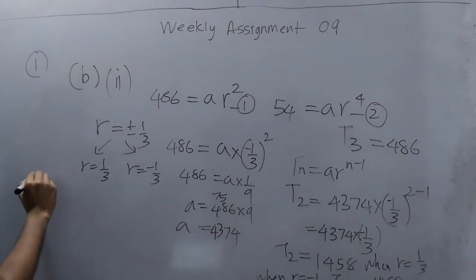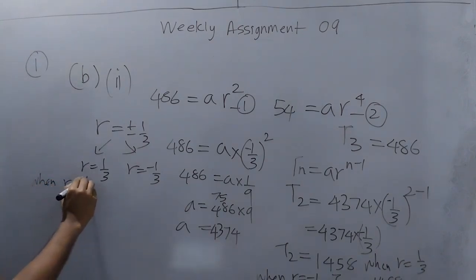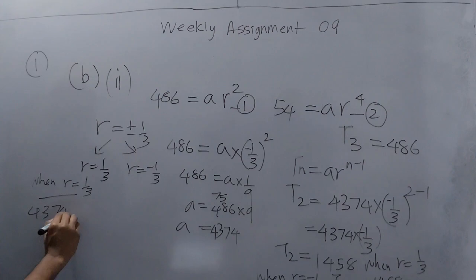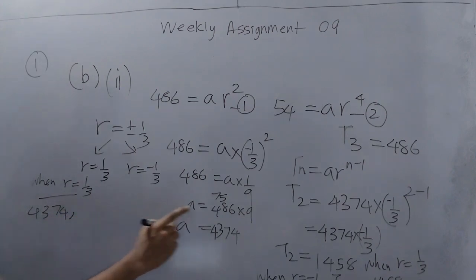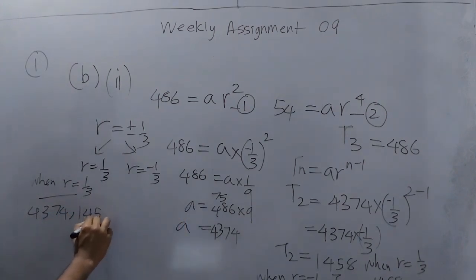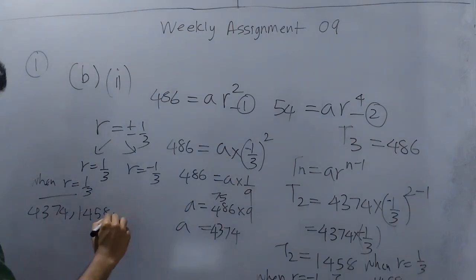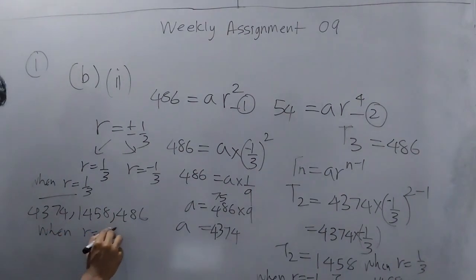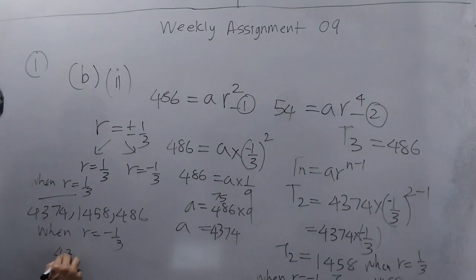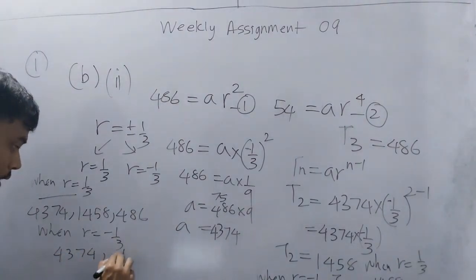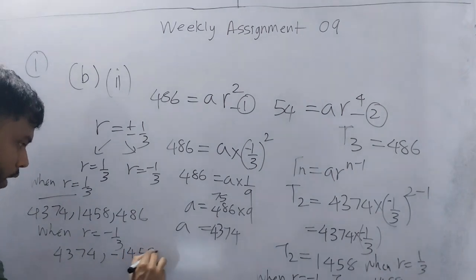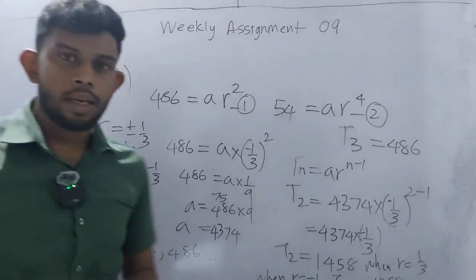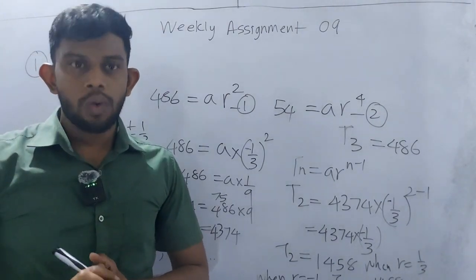So when r is equal to plus 1 over 3, the first term is 4374, the second term is equal to 1458, the third term is equal to 486. So when r is equal to minus 1 over 3, it will be 4374, minus 1458, and 486. So this concludes Roman number 2 of part B.